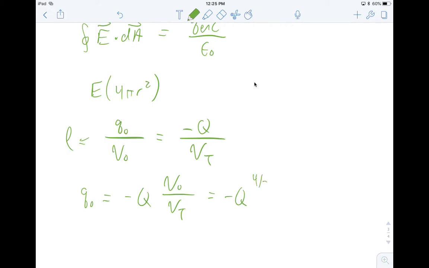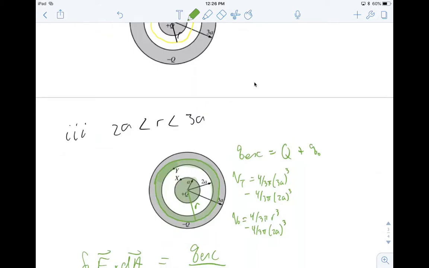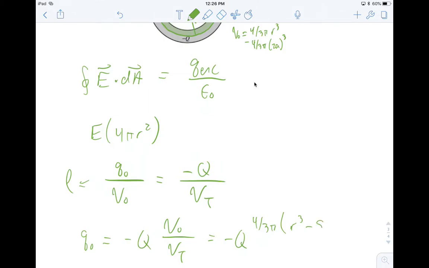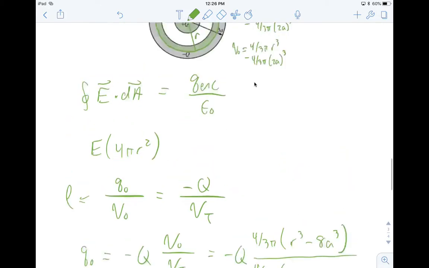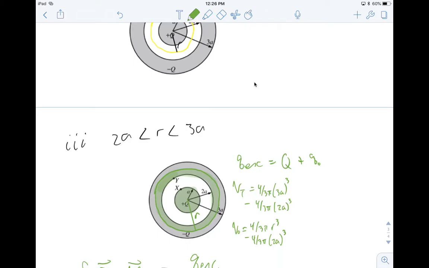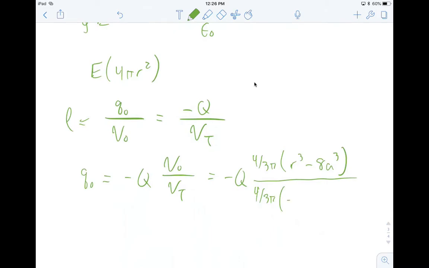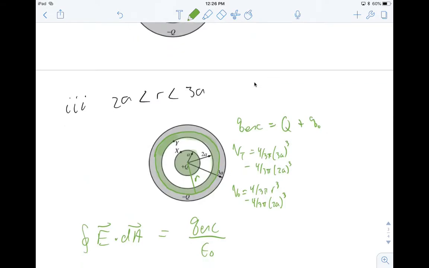I'll factor out the 4/3 pi, and we have r cubed minus 2a cubed, or 8a cubed if we cube the 2, divided by 4/3 pi times the total volume, 3a cubed, or 27a cubed, minus 2 cubed again, which is 8a cubed.